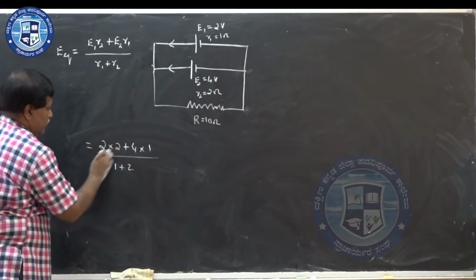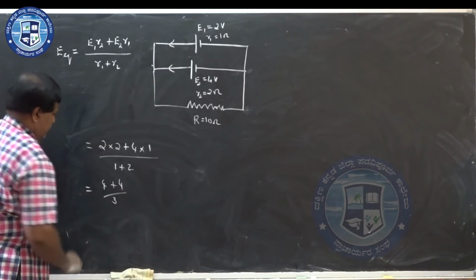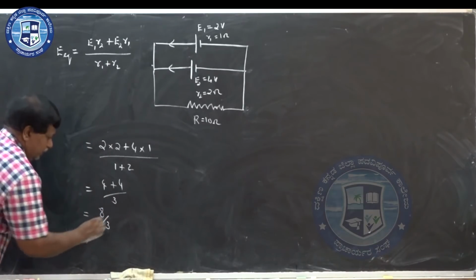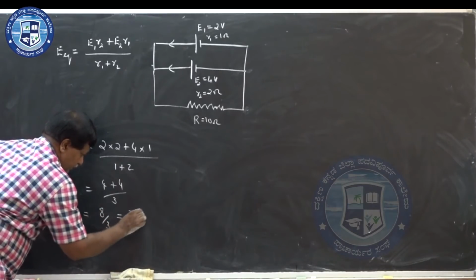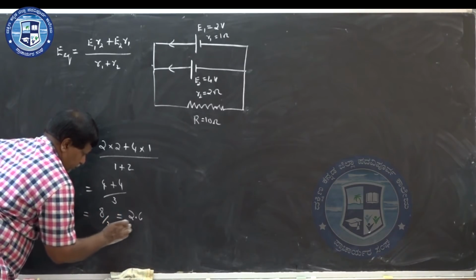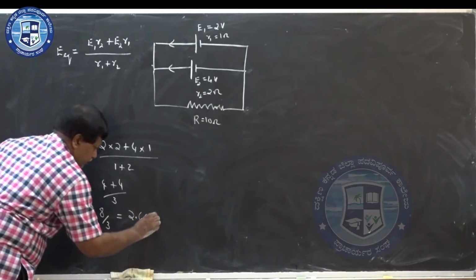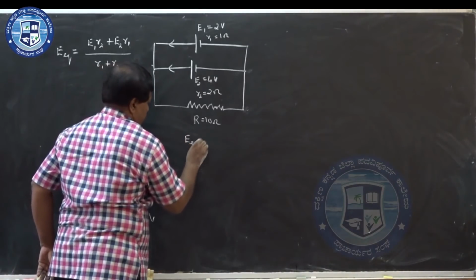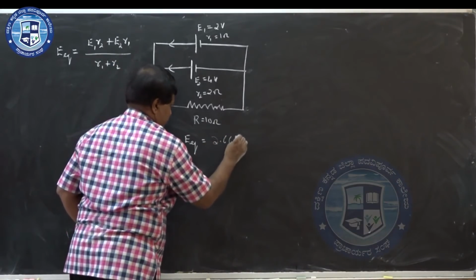That is 4 plus 4 by 3. E equivalent is equal to 8 by 3, which is 2.66 volt.